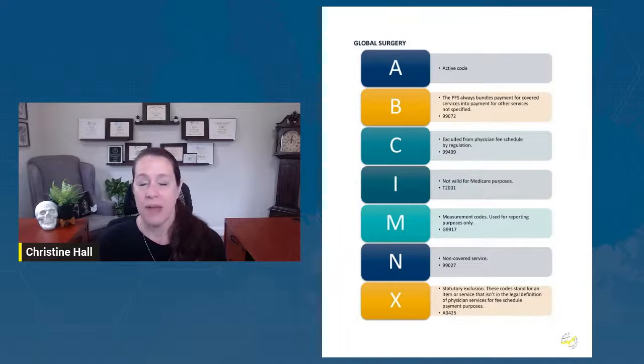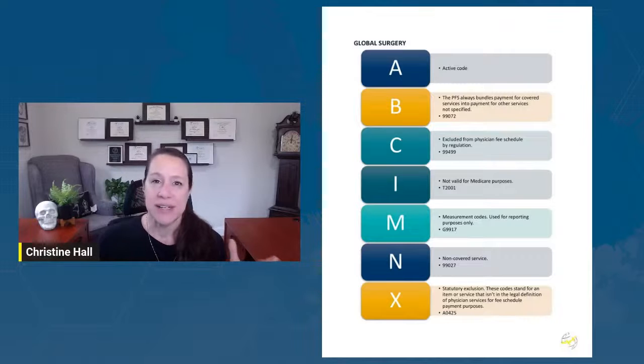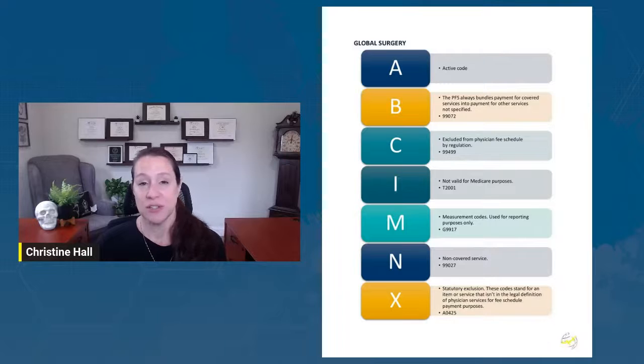So, for example, I remember COVID makes me feel like we had this really long year that went from 2020 to 2023. But in 2020, 2021, we had a new code that was released, 99072. And I remember that a lot of providers, because of the description, which stated that this encounter required additional supplies and services based on a respiratory condition that the patient presented.